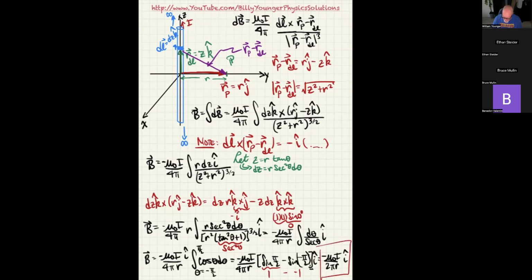And notice that ultimately gives us the theta hat by symmetry. So by symmetry, B is equal to mu 0 I over 2 pi r in the theta hat direction for this particular orientation.